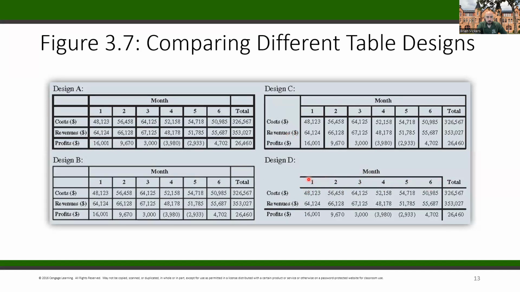So period 1, period 2, period 3, you've got basically this line acting like an underline under each of these numbers, costs and revenues, and then another thicker line down here because everything at the bottom is the total. So you've got revenues minus costs down here for period 1, and then adding it all up, you've got the total profits, 26,460, for all 6 periods combined. So very clean design, very easy to digest what's going on in design D there.